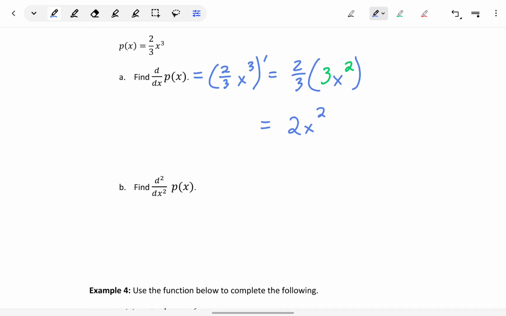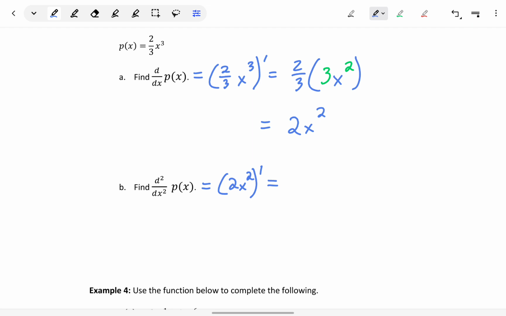Then in part B, to find the second derivative, d squared over dx squared of p of x, we'll take the derivative of the first function. We'll take the first derivative of the function, 2x squared, and then differentiate.